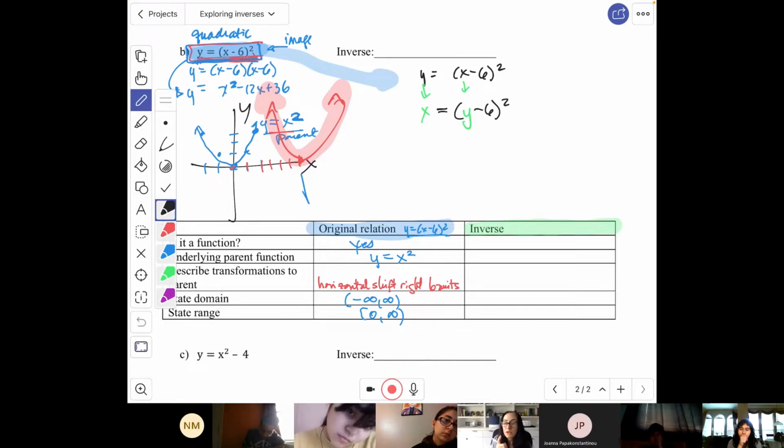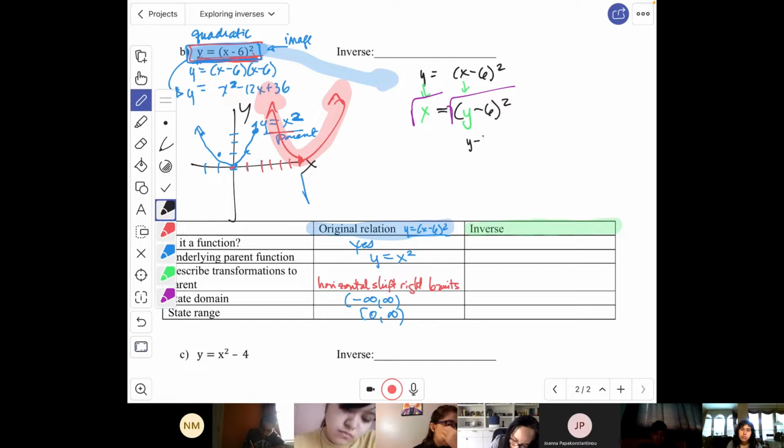Now I'm solving for y. What might I do next? Square root each side. That is absolutely correct.